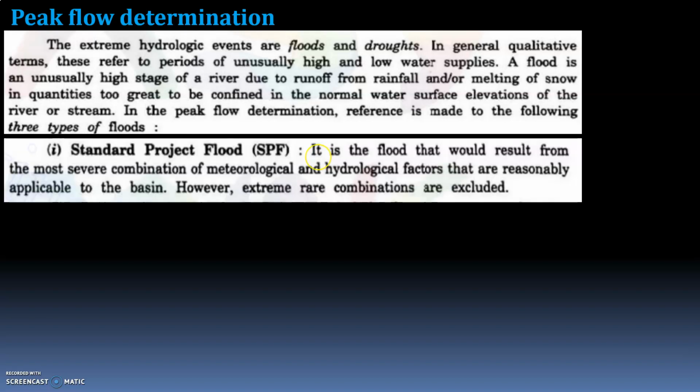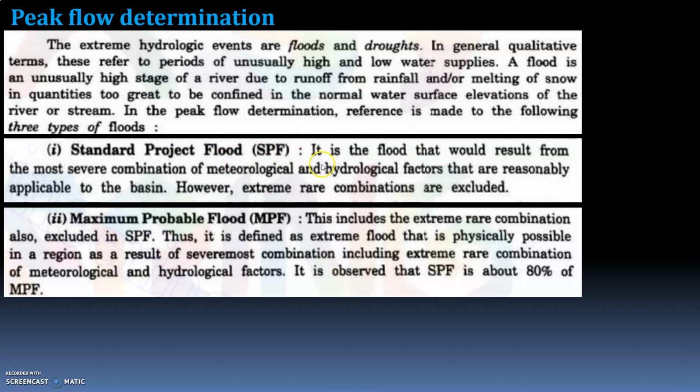The first one is the standard project flood, that is SPF. It is the flood that would result from the most severe combination of meteorological and hydrological factors that are reasonably applicable to the basin. However, extremely rare combinations are excluded. The second one is the maximum probable flood, MPF.